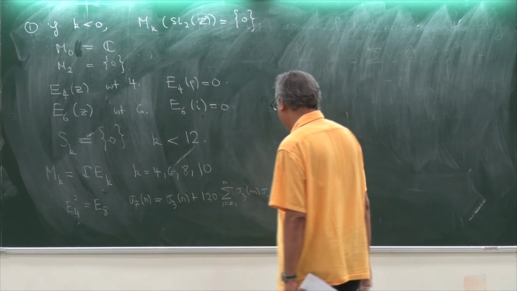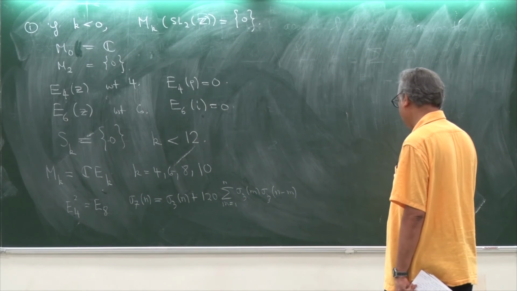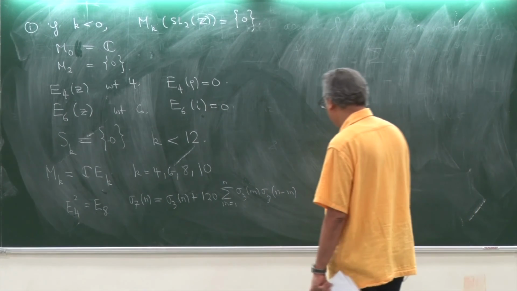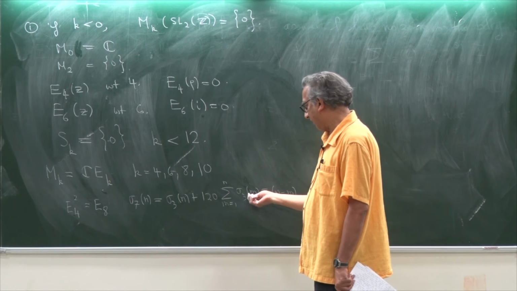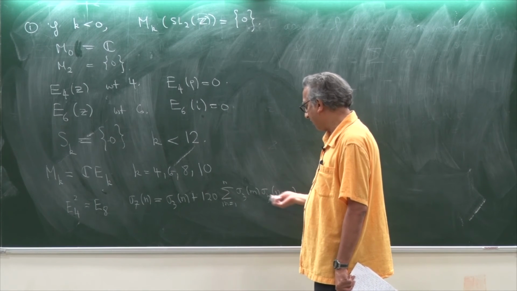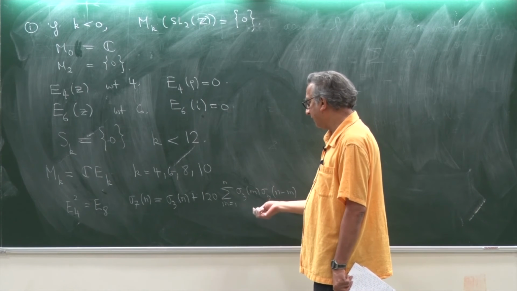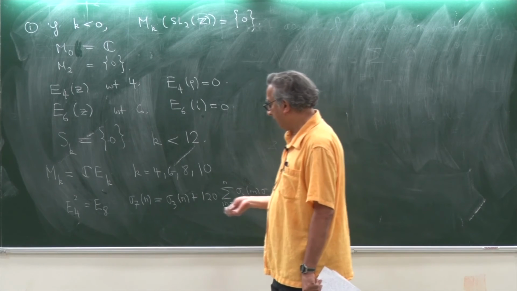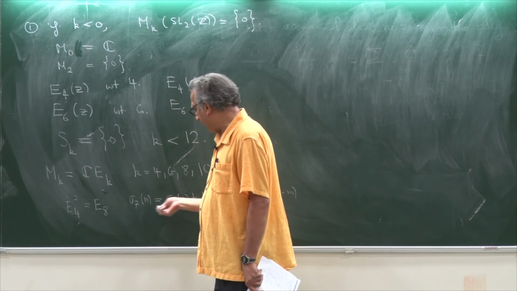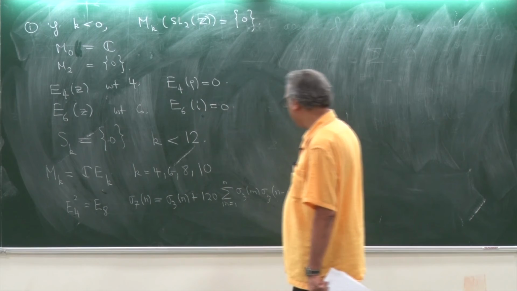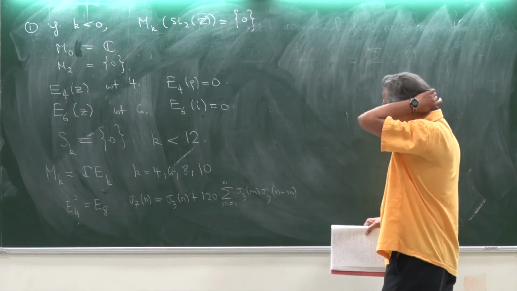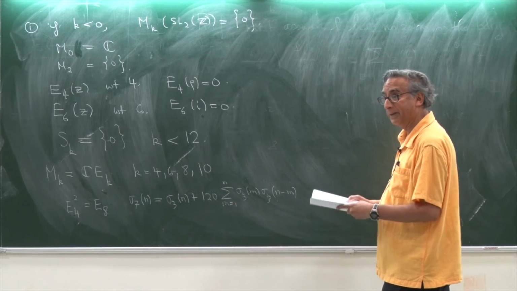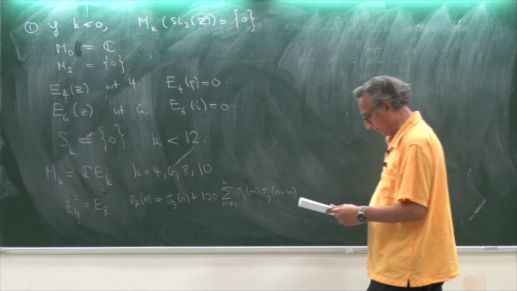So these are what are called convolution sums in number theory. Sometimes when you take a function at m and n minus m, it's like a convolution, and you're trying to evaluate this. And one of the interesting things that emerges is that you can derive that this actually equals sigma 7 of n minus sigma 3 of n. And I don't know any elementary proof of this fact except this.